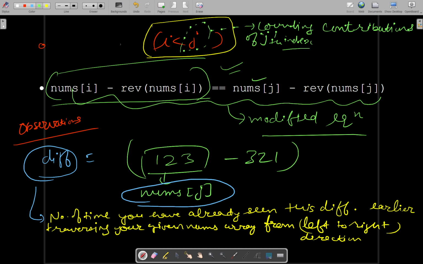So that whatever number of times you have seen this difference earlier will be your ith indices that can be paired with this jth index.